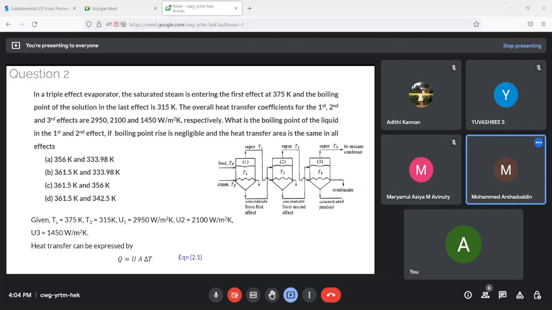So delta T will always be the temperature of the inlet steam minus the temperature of your operating effect, or the boiling point here. So Q is equal to UA into delta T. How we find the temperature at each of the effects is by a certain derivation that I will explain right here. So let's consider this as equation 2.1.